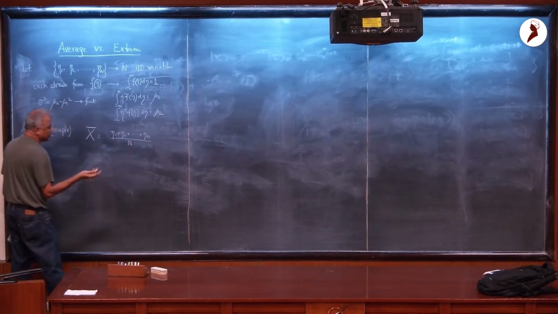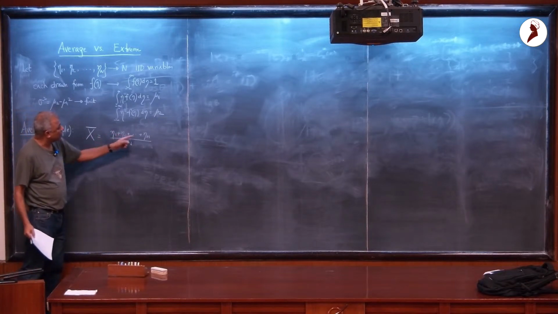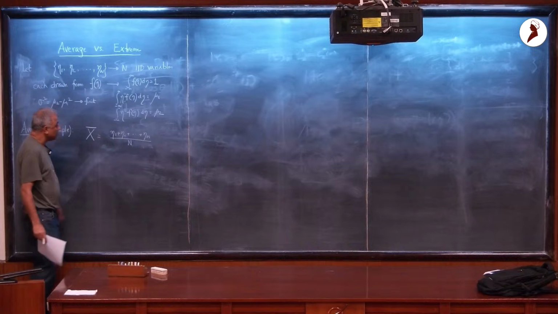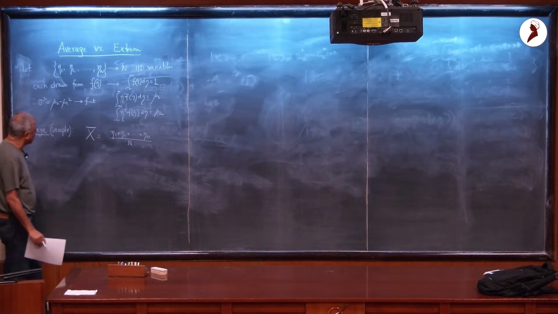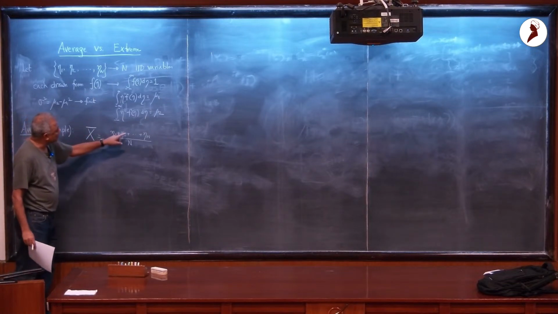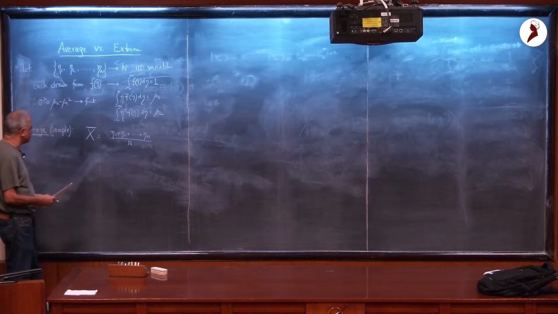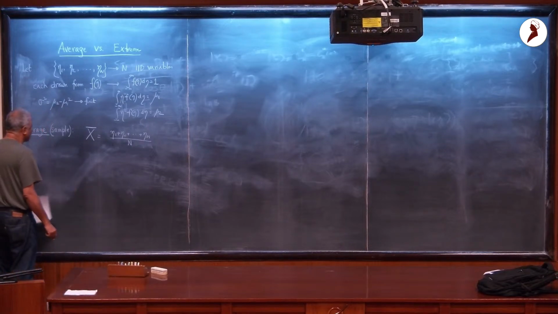This is the definition of an average, right? For example, this could be the temperature at each hour, and I have 24 such values, and I divide by 24, that will be the average temperature in a given day. But of course, this is going to fluctuate from day to day because these are random variables, so x bar is also a random variable. And we can ask what is the distribution of x bar?